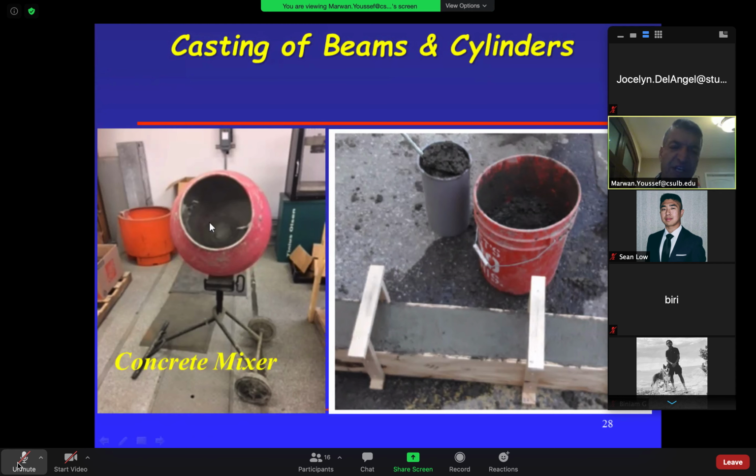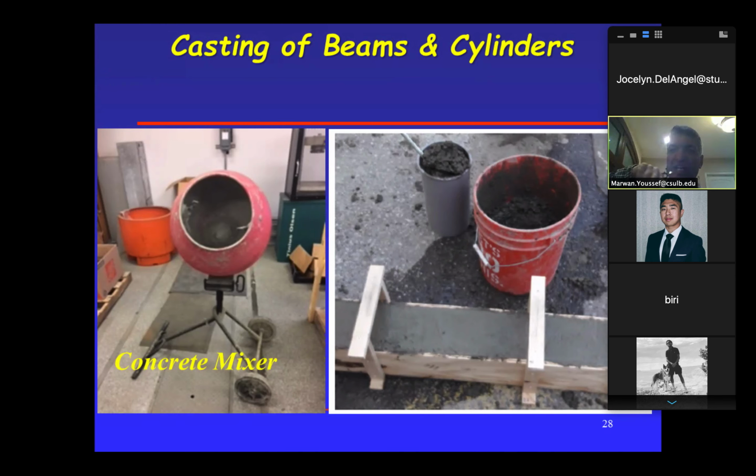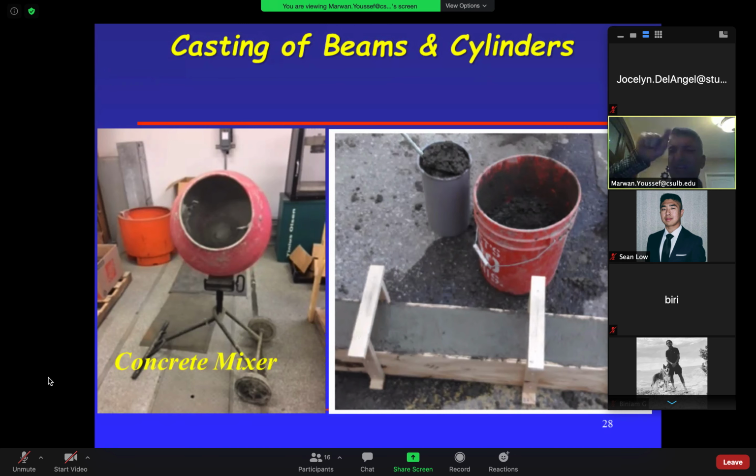If you notice, although the truck is there, it rotates very slowly. Why? So the concrete doesn't get stuck to the sides, or doesn't dry.